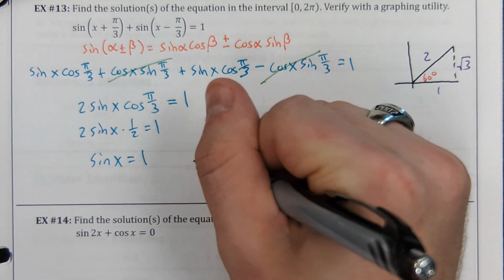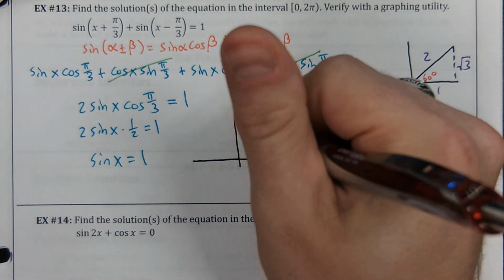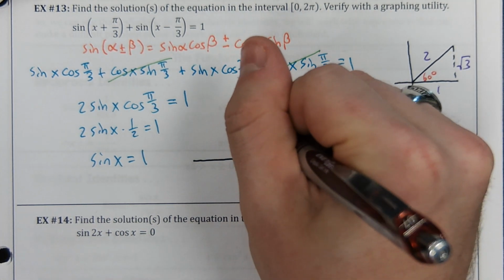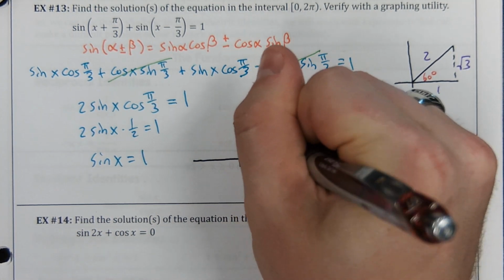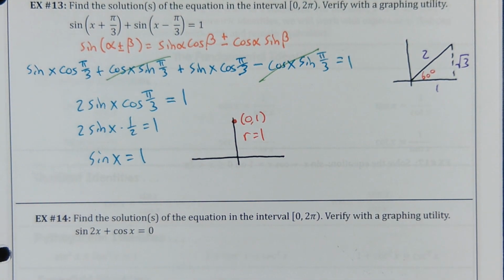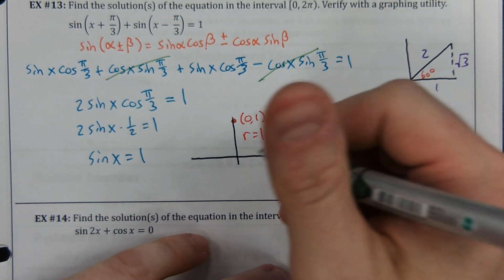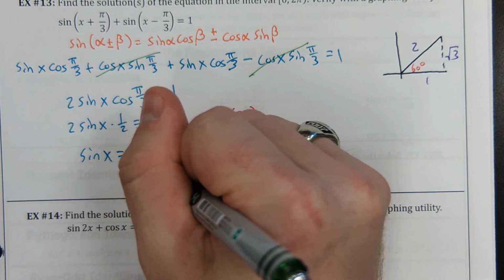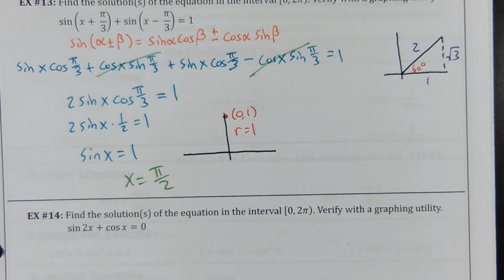Sine is y over r. So the only way we get a 1 is if y and r happen to be the same number. Pi over 2. Woo! There it is.